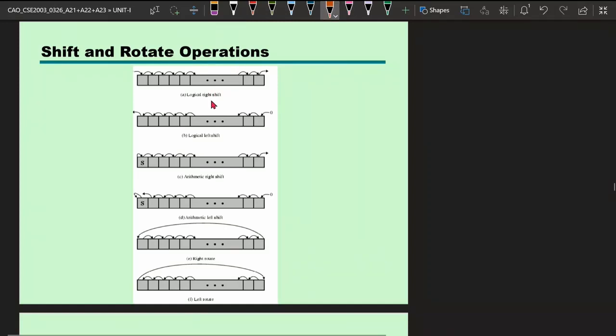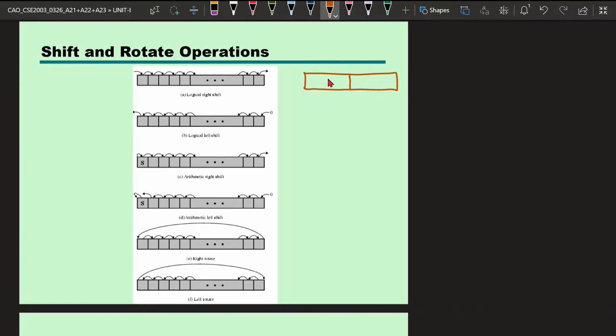So here, logical right shift. What is the meaning of logical right shift? As it is indicating, if there is a register, inside which some data will be there, all the data will be shifting to the right side. We'll take an example.